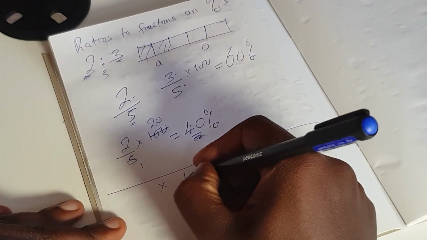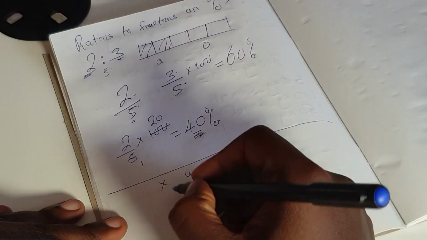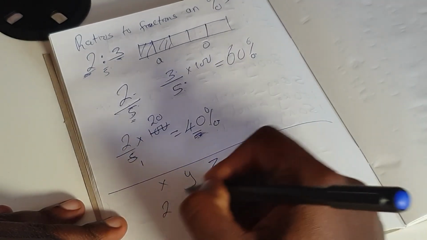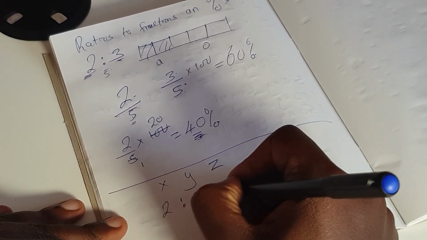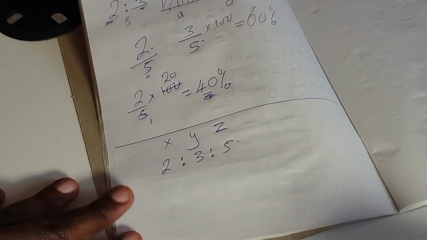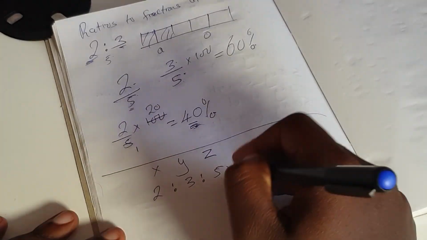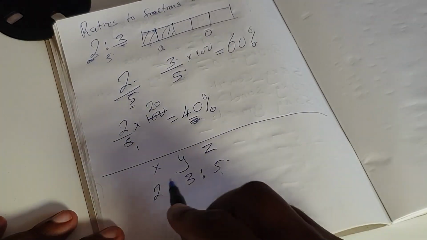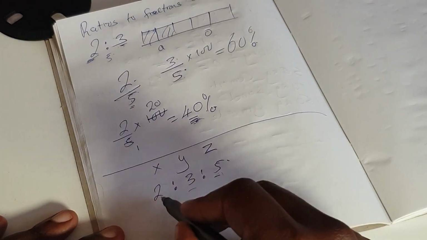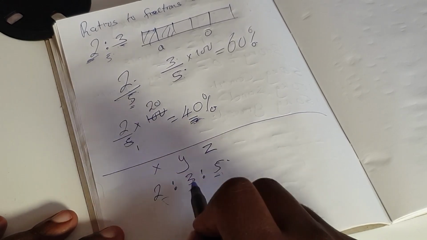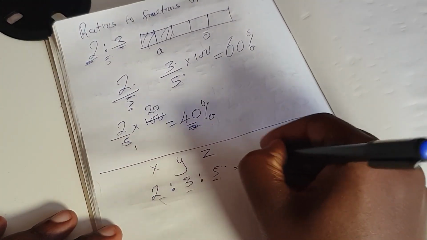We can also have 3 values. Let's say we have x, y, and z, and the ratio of these three is 2 to 3 to 5. Then you're asked what's the fraction of z. The first thing is you find the total value of the ratio. So you add the three units together, 2 plus 3 plus 5, which is 10.